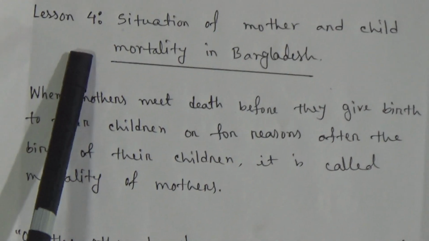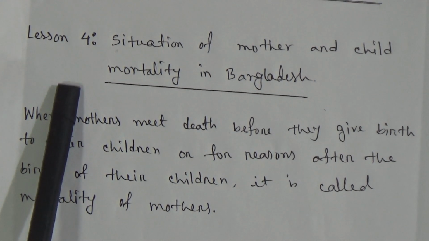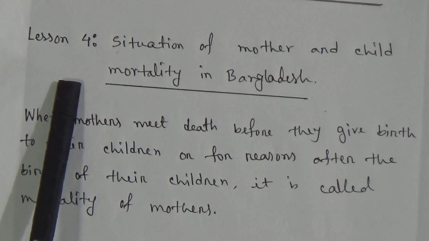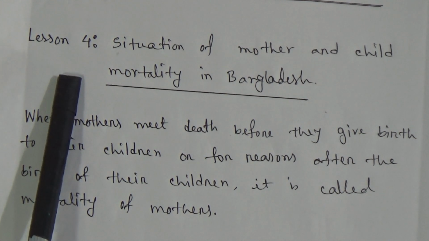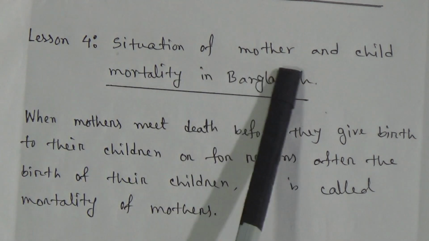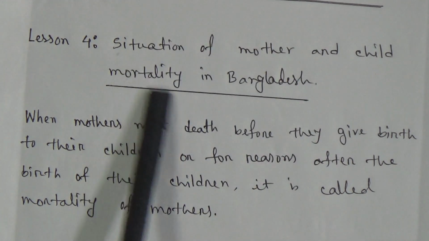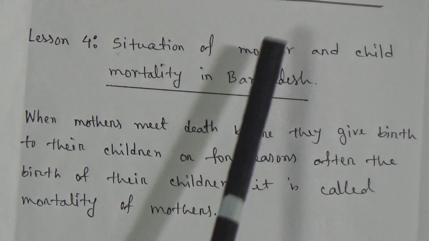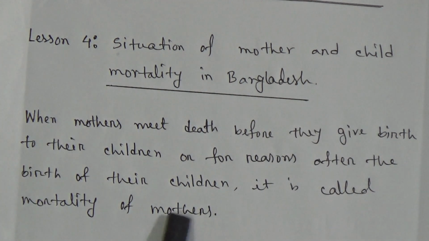In lesson 4 we will discuss maternal mortality and child mortality. The name of the lesson is Situation of Mother and Child Mortality in Bangladesh. So what is the situation of mortality in mother and child in Bangladesh? We will try to get acquainted with that.